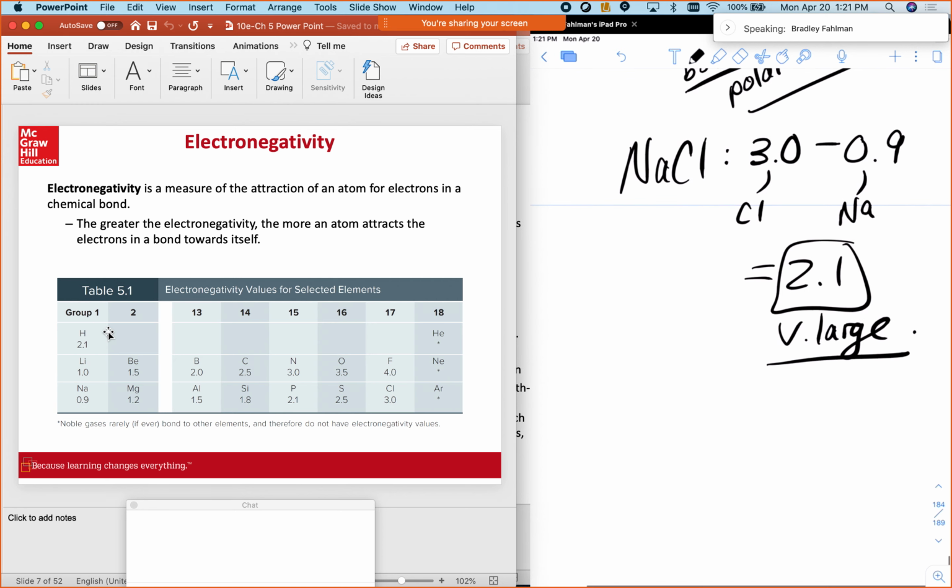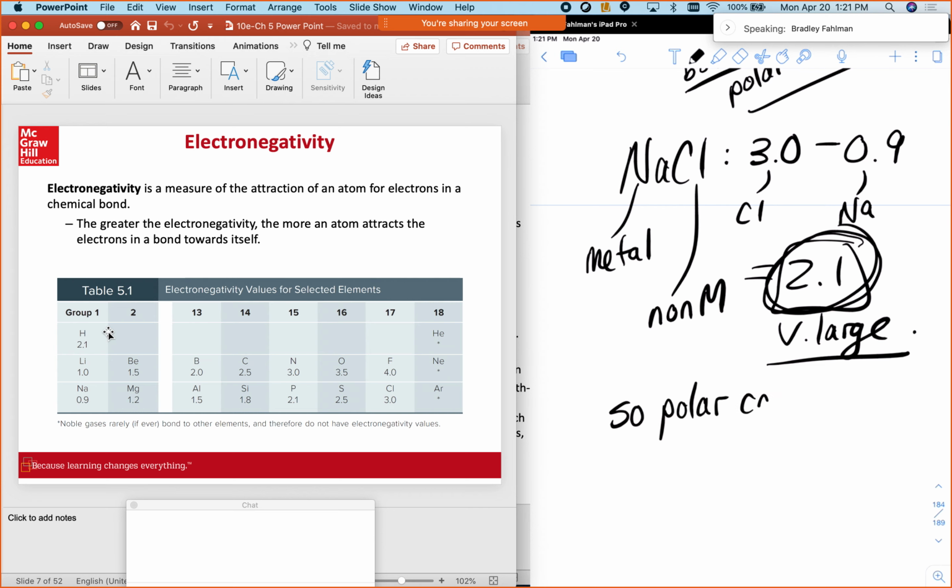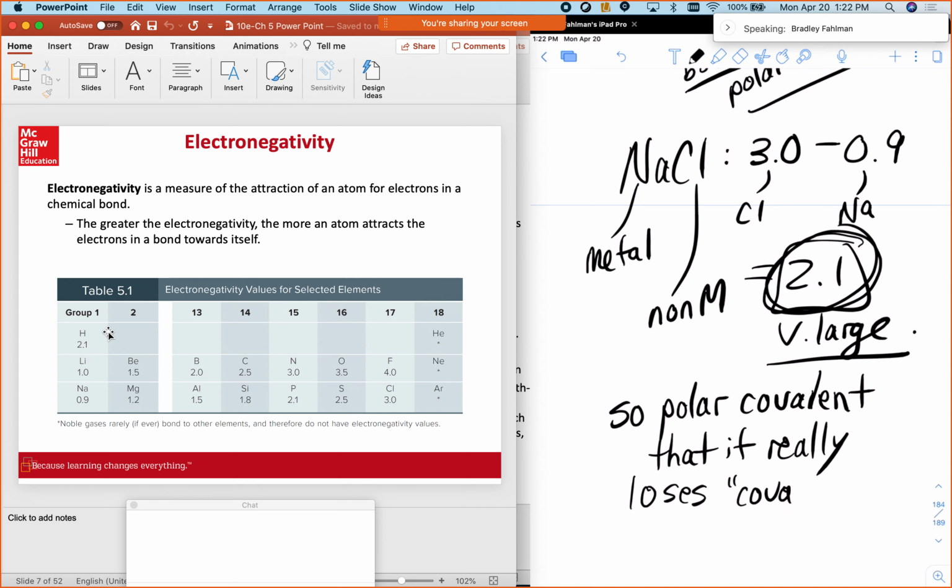In this case, you have a metal and a non-metal together. If you get a huge difference in electronegativities, we say that it really loses being covalent.